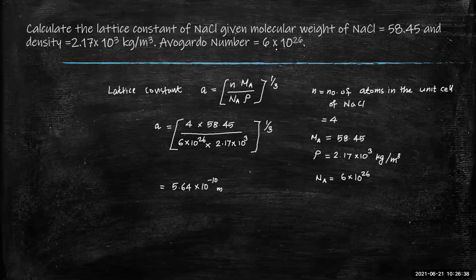The connection between the lattice constant and density is given by this equation: A is equal to n Ma divided by Na into rho, all raised to 1 by 3.